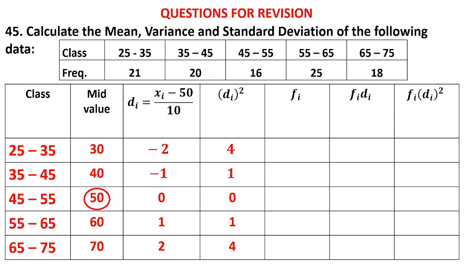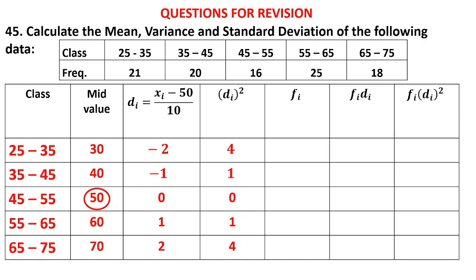You have to find the mean, variance and standard deviation of the given class interval frequency table. For that I have to get the mid value. From the mid value you have to select one assumed mean. I have selected the assumed mean as 50. I have to find di is equal to xi minus 50 by 10. I am using the step deviation method, and I have to find di square also.